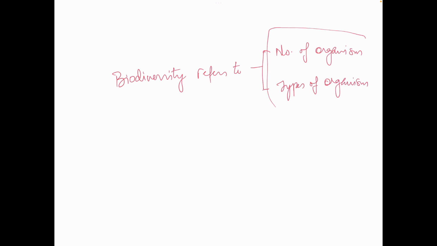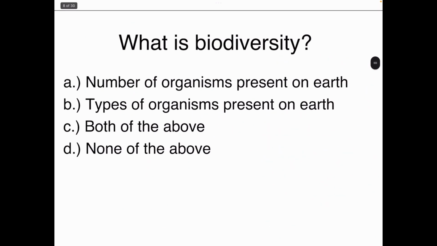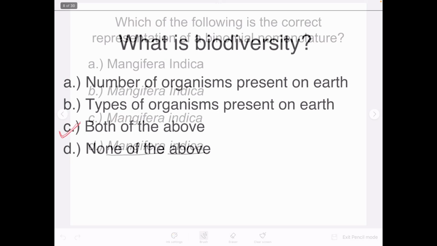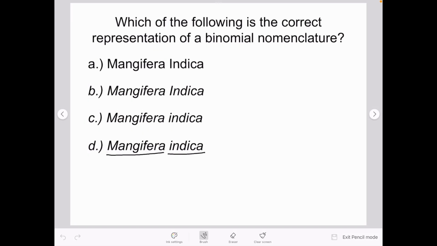So both of these factors are taken into account when defining biodiversity. So our option here is both of the above. Okay, moving to our next question.